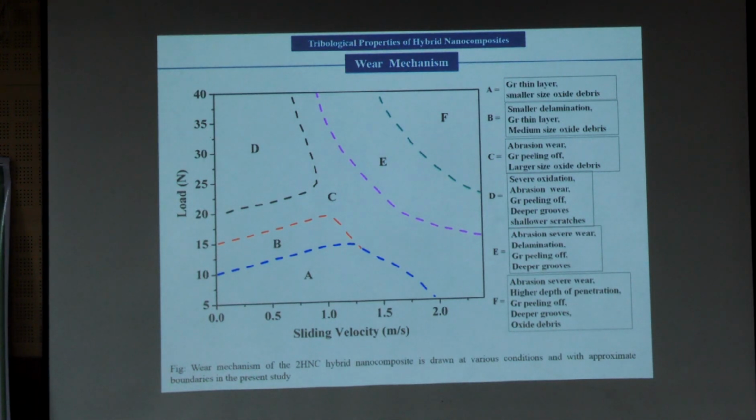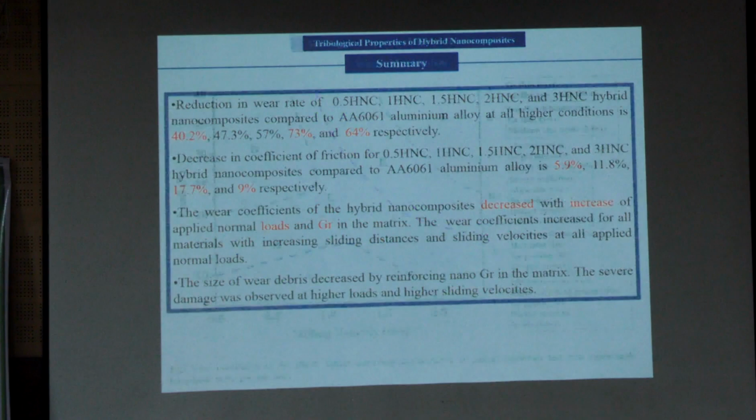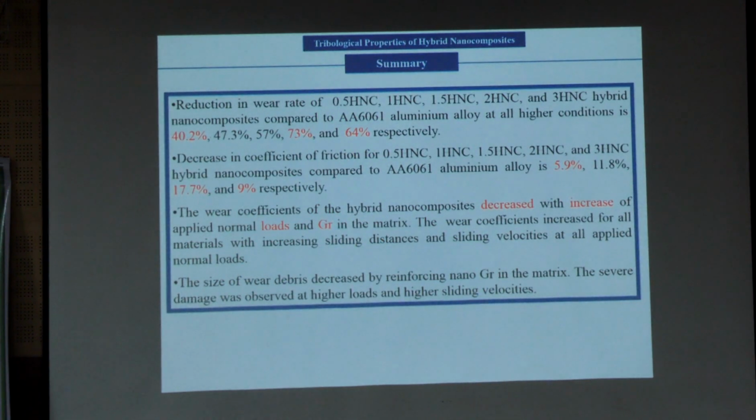Why? Because at that load and those highest velocities, whatever the composite material, it is not able to give more resistance, right? So like that we can understand from the analysis of wear debris or worn out surfaces, right? So this is the overall summary, right?